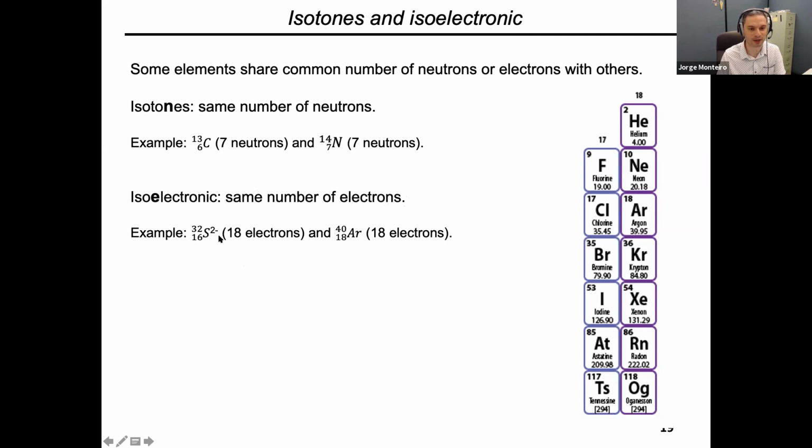Excess of 2 electrons will give us 18 electrons. And argon 0, atomic number 18, neutral charge, that means 18 electrons. Same number of electrons, therefore sulfur 2 minus and argon are isoelectronic.